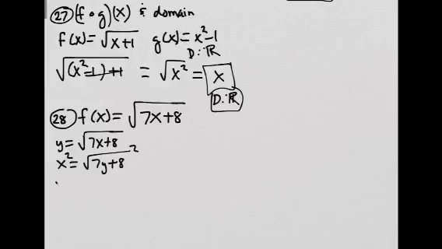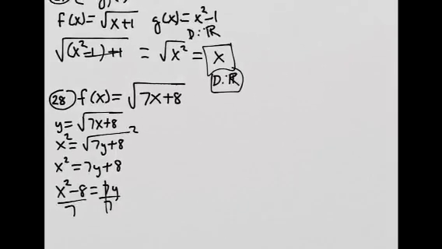So I get x squared equals 7y plus 8. I subtract 8 from both sides, so that leaves me with x squared minus 8 equals 7y. Then I divide by 7. Okay, so I have y by itself now, right? So now I switch it out and make it f inverse of x. So f inverse of x equals x squared minus 8 all over 7.